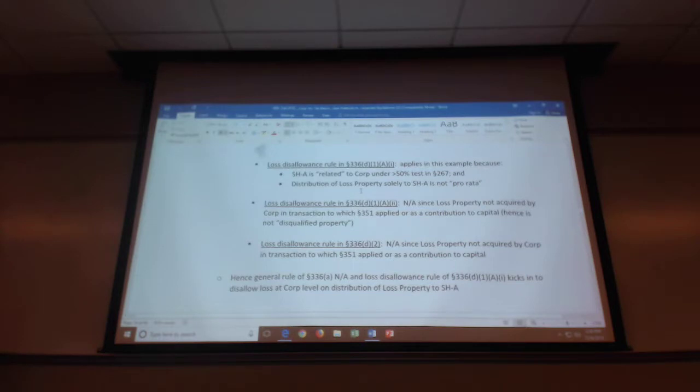That rule kicks in if there is a distribution to a related party and if the distribution is not pro rata. Well, that's what we have here, because shareholder A owns more than 50% of the stock and therefore is considered a related party.